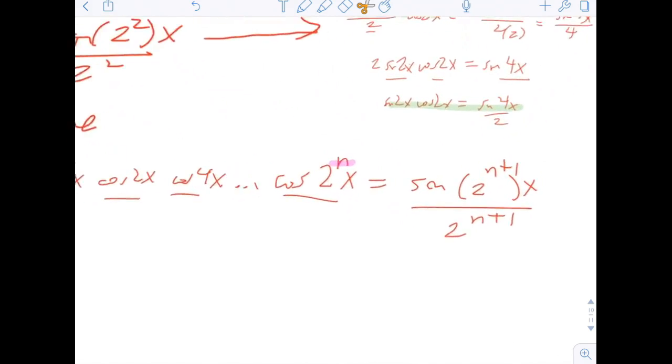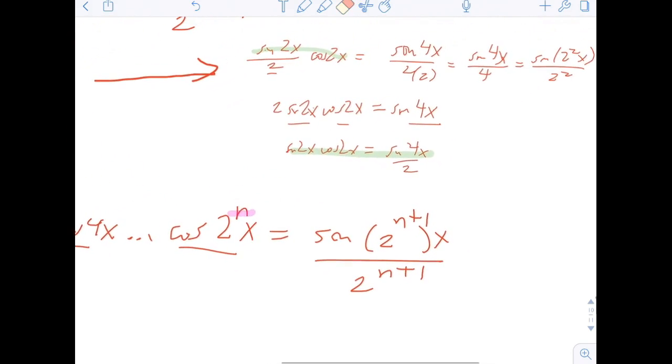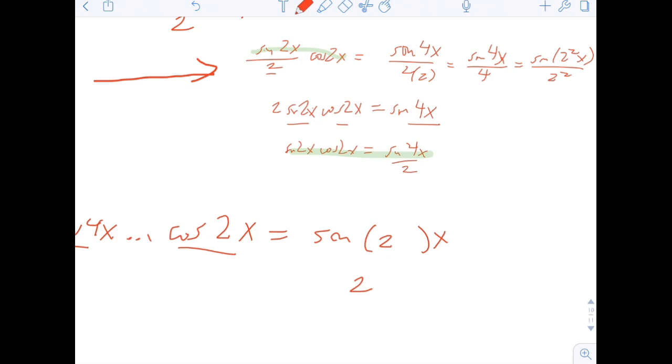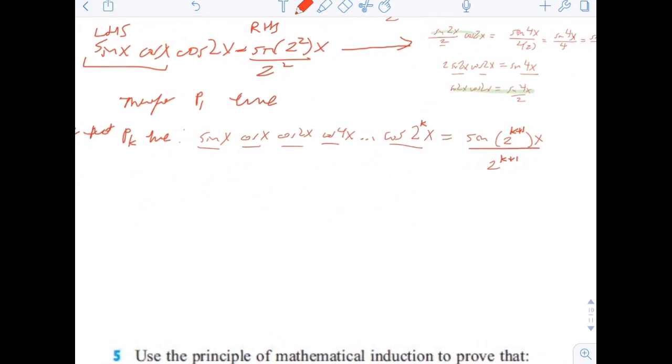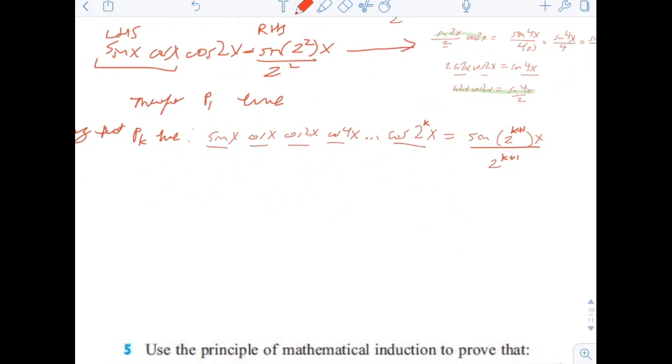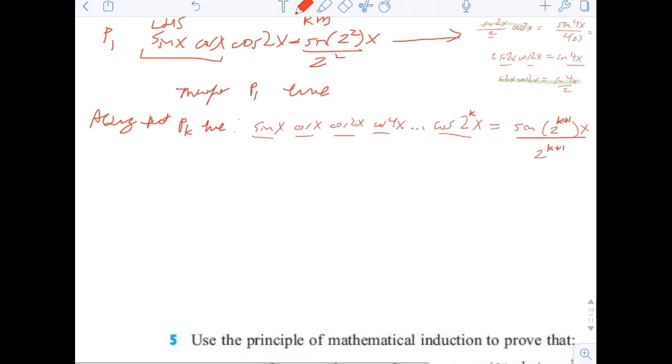And now we'll replace all the n's with k. So this will be k, and this will be k plus 1, and this will be k plus 1. So since we assume that Pk is true, we know that that's equal to that.